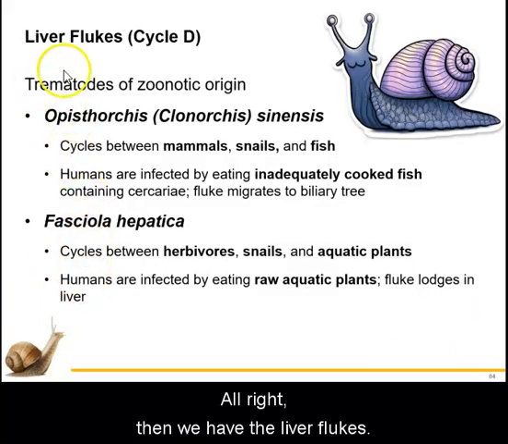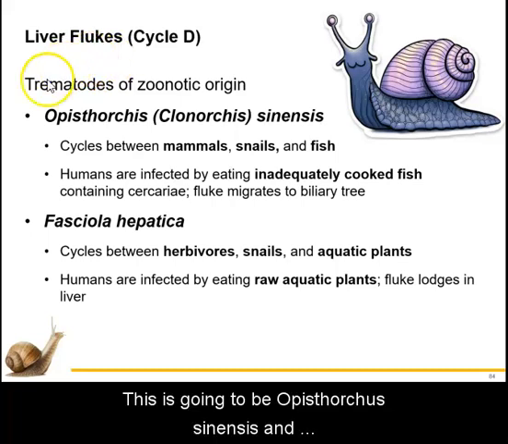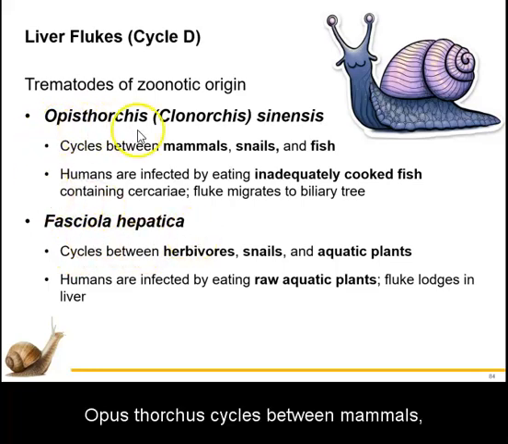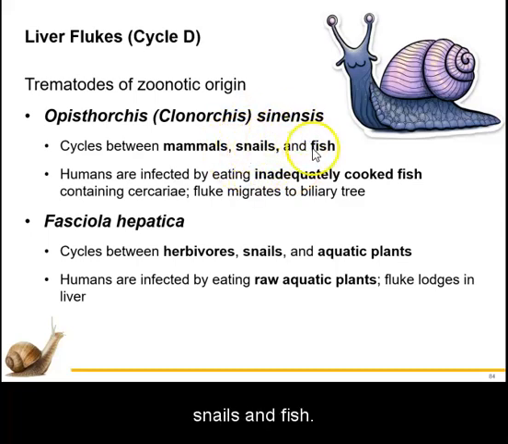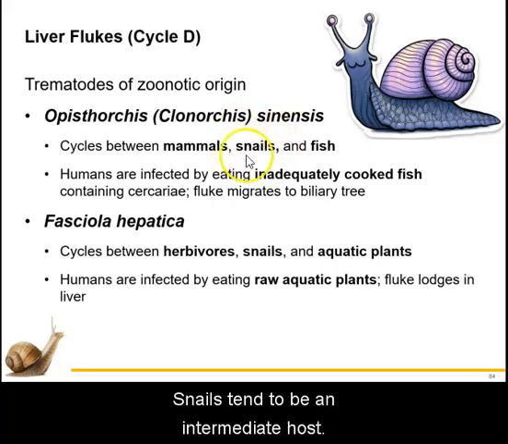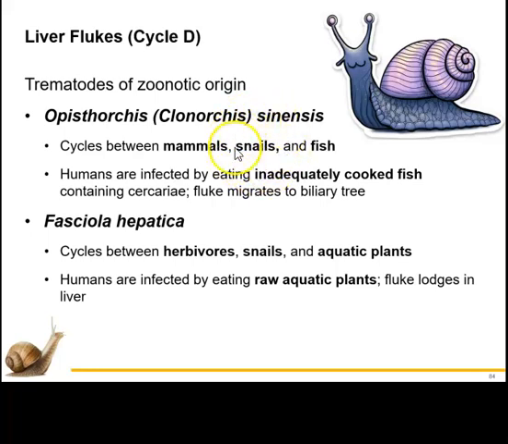All right, then we have the liver flukes. This is going to be Opisthorchis sinensis and Fasciola hepatica. Opisthorchis cycles between mammals, snails, and fish. Now you're going to see this over and over again with the flukes. Snails tend to be an intermediate host.